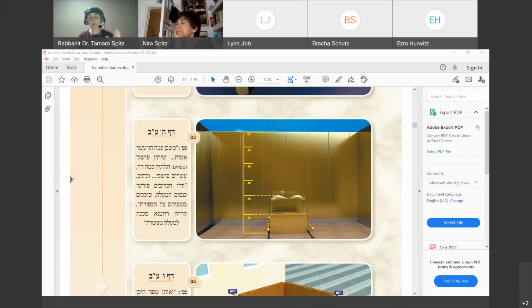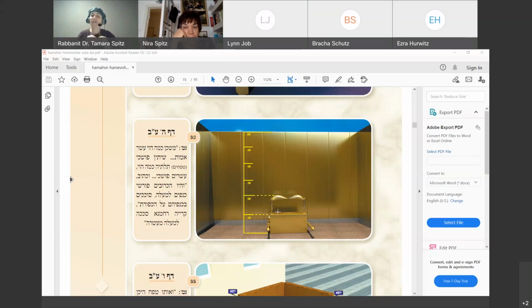And basically, through very interesting calculations, it says that it is 1/3 the height of the building. You can see here, if the building is 60 tfachim, then the height of the aron needs to be 20 tfachim. And remember we said God speaks from the top of the kruvim. So from the top of the ark to the top of the kruvim is 10 tfachim.